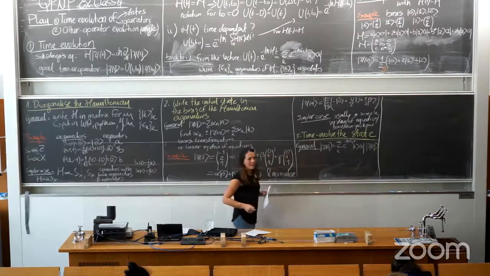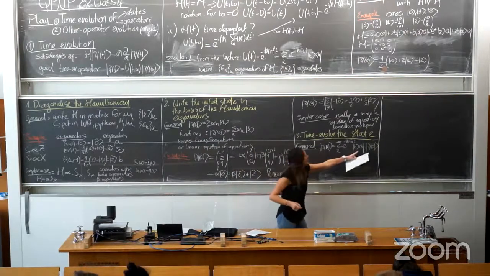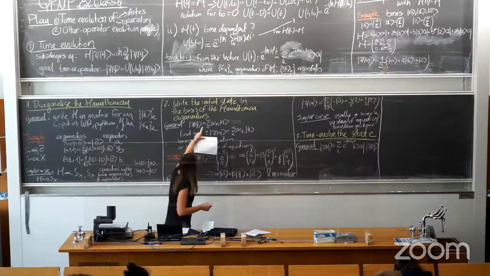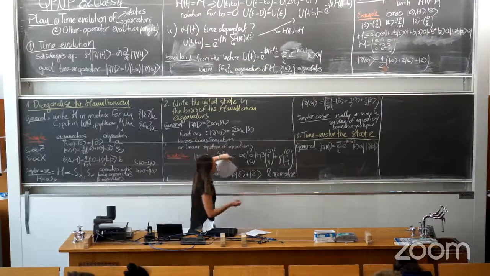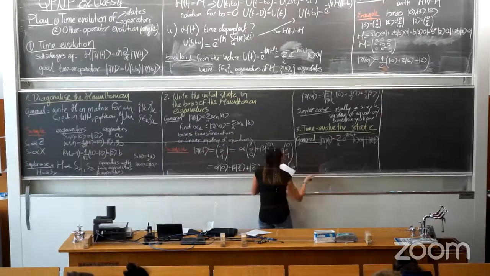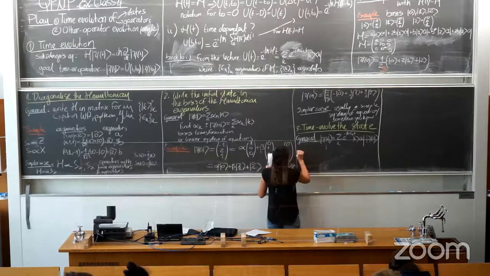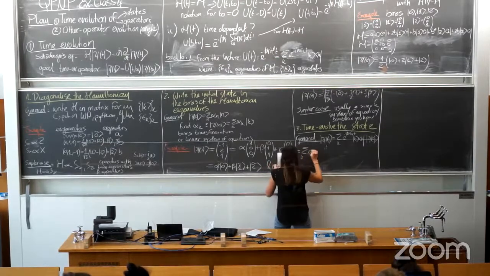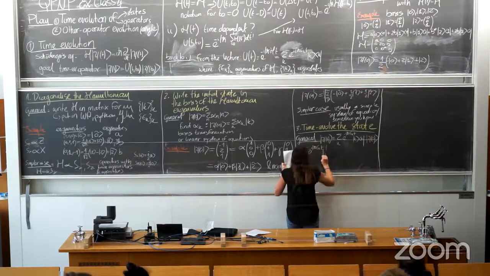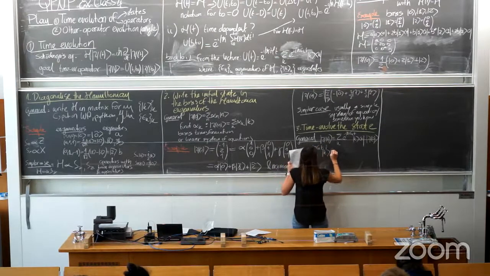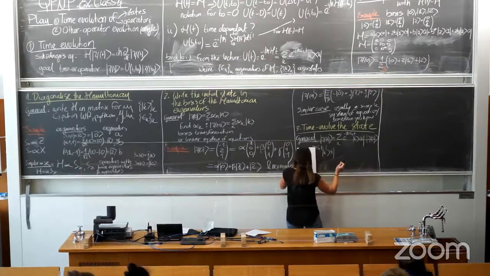And now, why did I do this? Because now I can write this in the basis. So if it's not clear, I will look at it again. e to the minus i E_k t over h bar, |k><k|, and I write my state in the eigenvector basis.